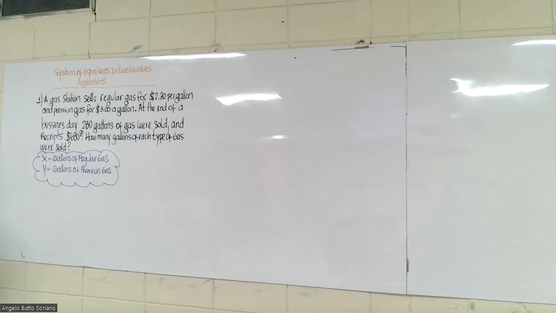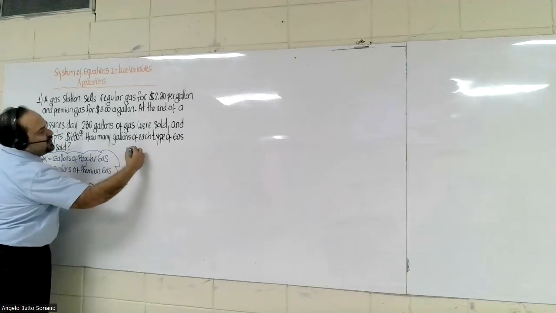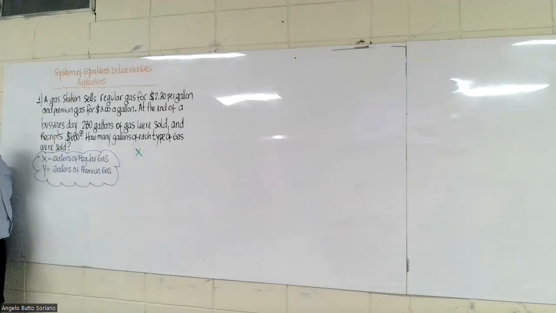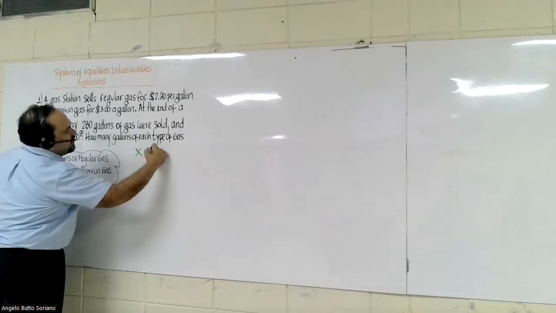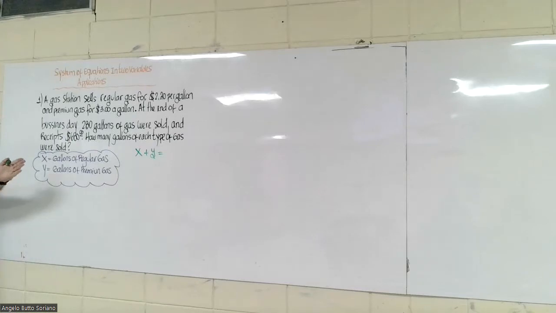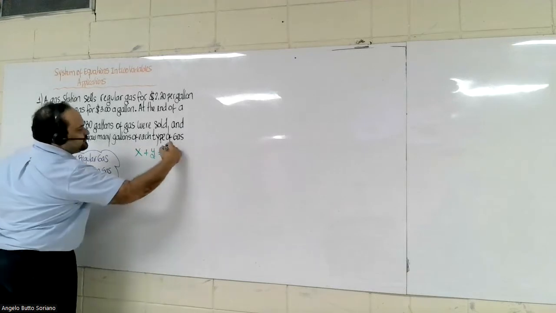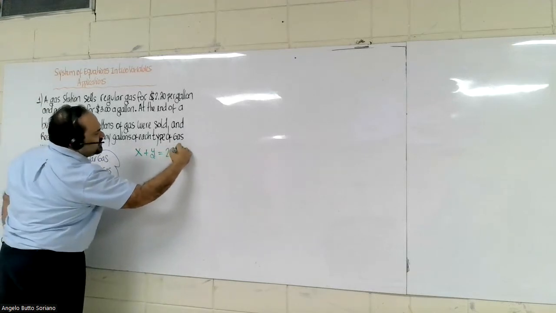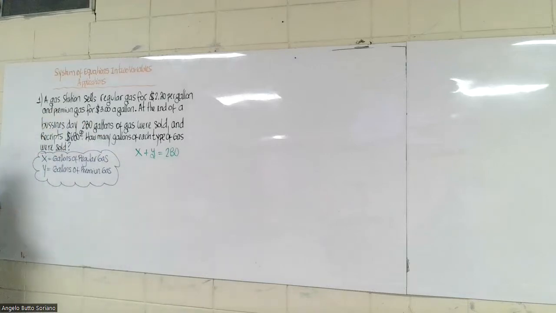For that reason, the first equation is the quantity of regular gallons plus the quantity of premium gallons equal to 280.